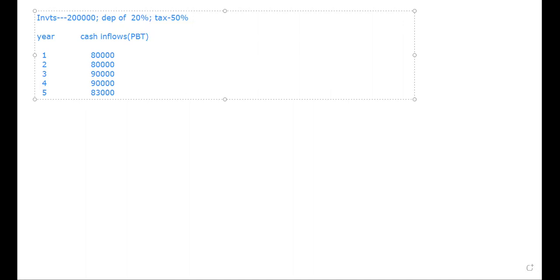So I need to find out the profit after tax. I have to convert it. When I say profit after tax, the tax will be the last deduction. That means before the tax, I need to deduct the depreciation. So depreciation at 20%, on what are we going to calculate? First I'm going to start with this step.